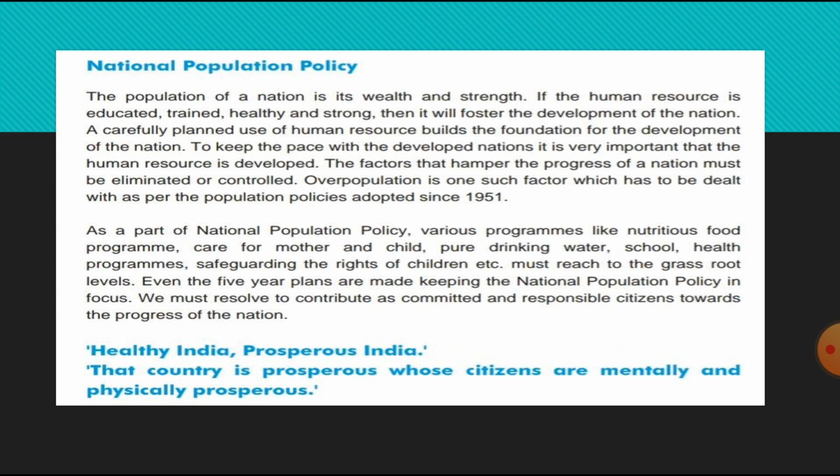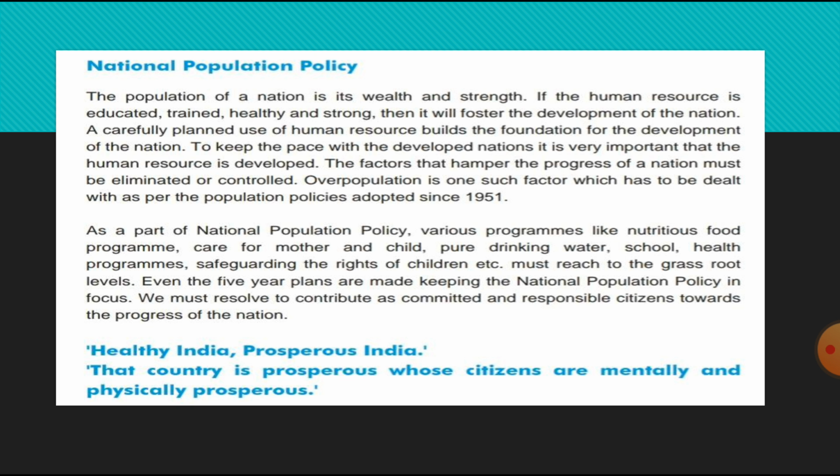To keep pace with development, it is very important that human resources are developed, and the factors that hamper the progress of the nation must be controlled or eliminated. Overpopulation is one such factor, which has to be dealt with as per the population policy adopted since 1951.